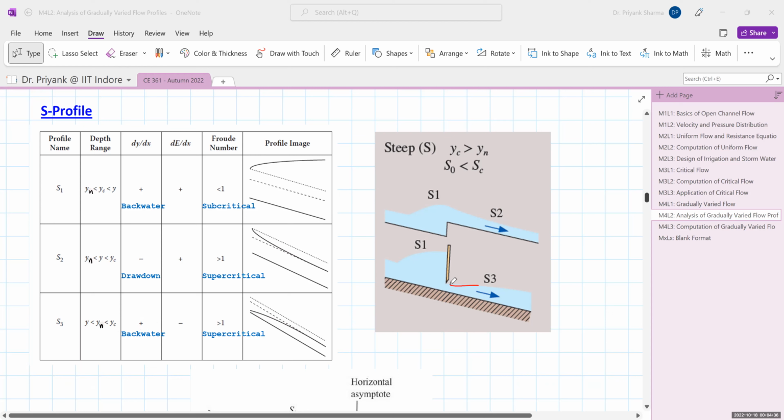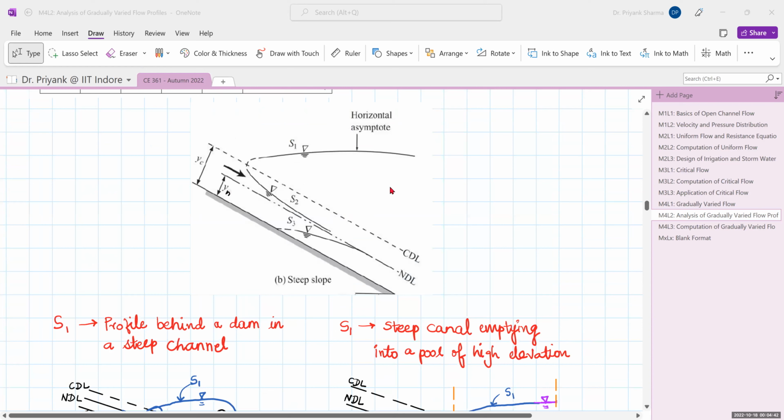So here we can see that it is an S3 curve. In this case, this is a critical depth line, shown by a dashed line because there is discontinuity in the flow profile, and it shows a horizontal asymptote. Similarly, this is a drawdown profile, that is S2, and S3 is again a backwater profile.